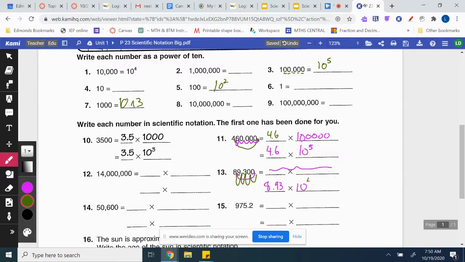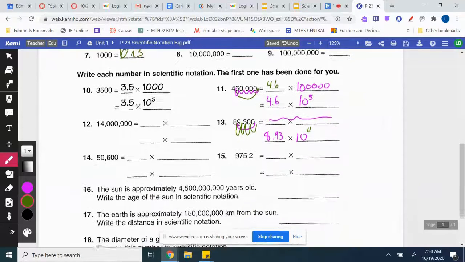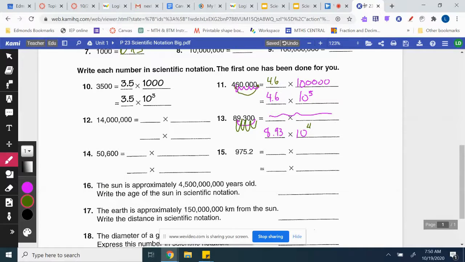So I've moved it 4 times. Let's try 15. So I'm going to move my decimal 1, 2 places. So it's going to be 99.752 times 10. And if you're typing it, you would write the raised 2, and I moved it 2 places.